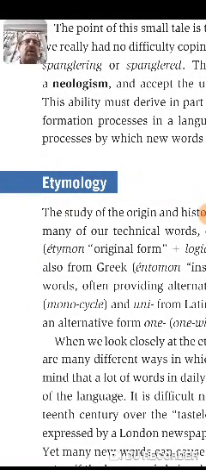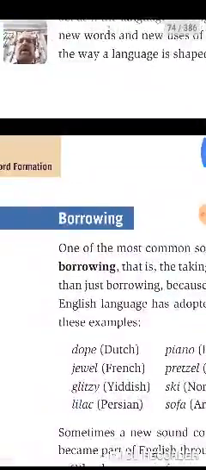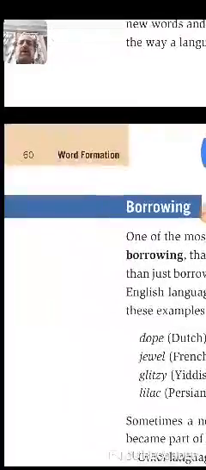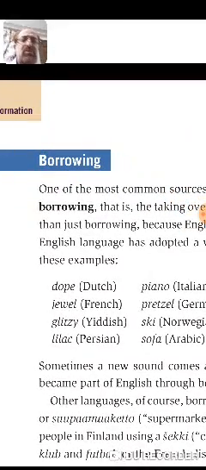Words have different parts, roots in them, and where they come from. The study of these things is etymology, as we will see shortly. The next page, page 60, yes, from this page on, we talk about different processes from which languages make new words.